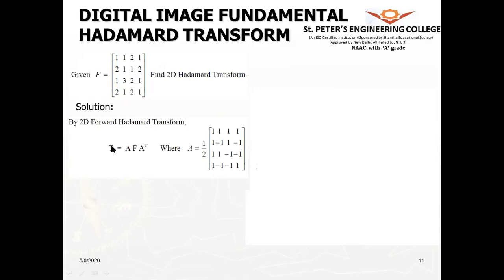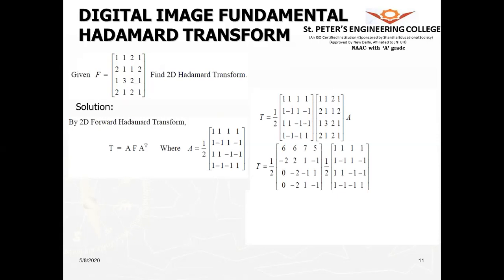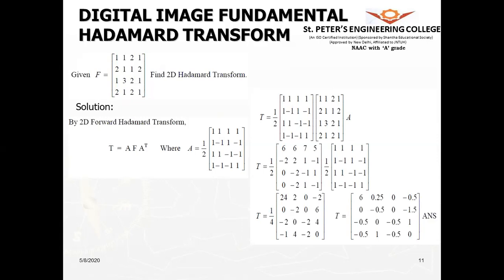The resultant transform matrix T is equal to the Hadamard matrix A multiplied by the input matrix F, and that result multiplied by the transpose of A. This is the first result, the resultant of A multiplied by F. Next, the result is finally again multiplied by A transpose. So we got the result. That is the answer.